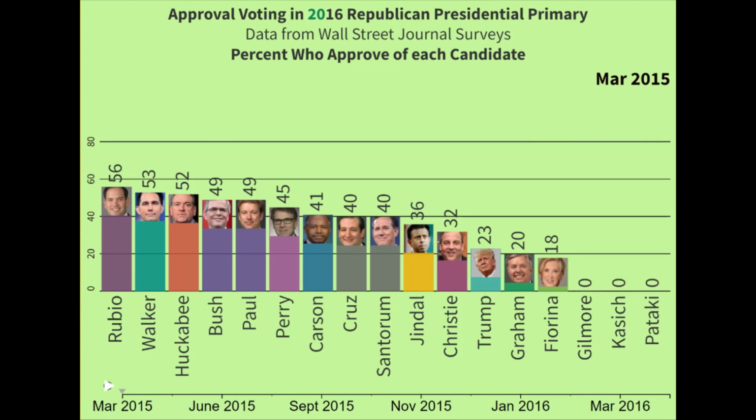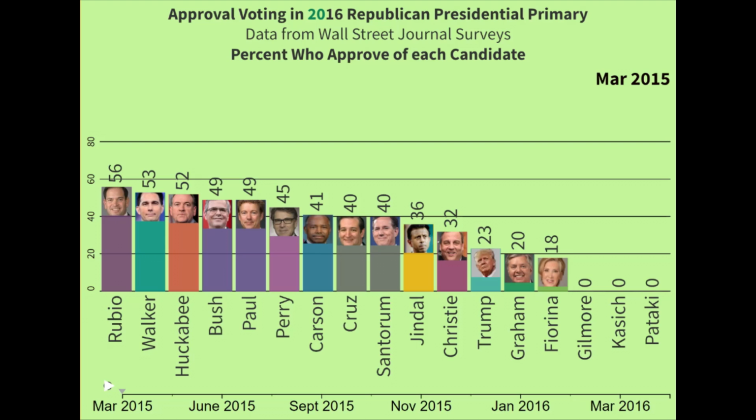We began in March 2015 when 14 candidates had already entered the race. At that time, Rubio was in first place with 56% of Republicans approving of him. Trump was in 12th place with 23% of Republicans approving of him. 3 more candidates would announce their candidacy in the coming months.